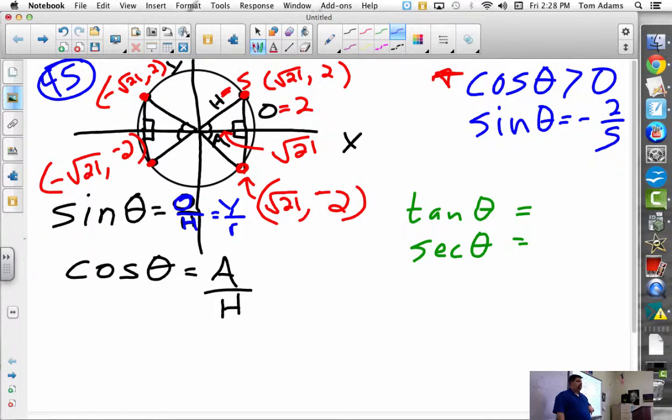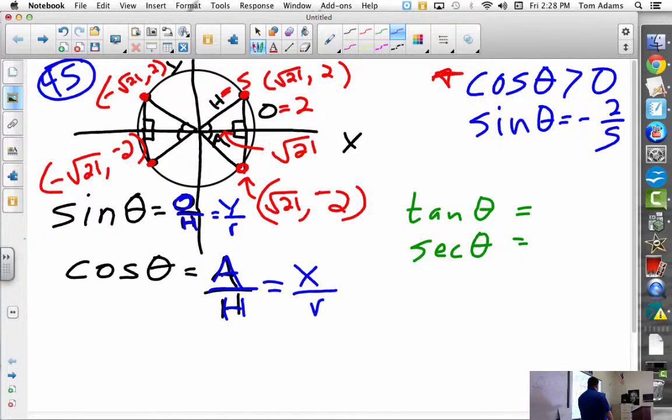Does that make sense? So then cosine, which is the adjacent over the hypotenuse, is really x over the radius. Take a second and look at the board. Let it soak in. Does that make sense to you guys? All right.